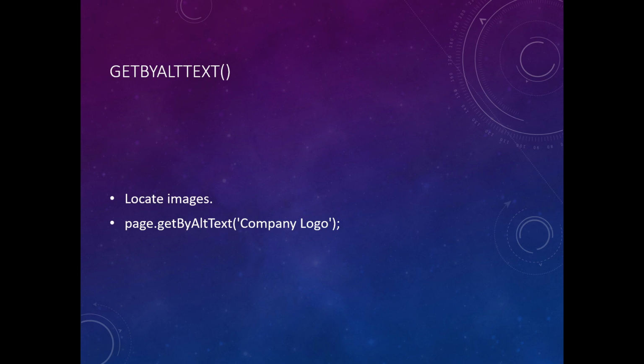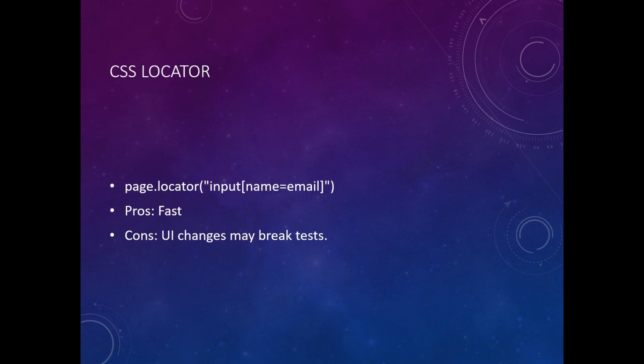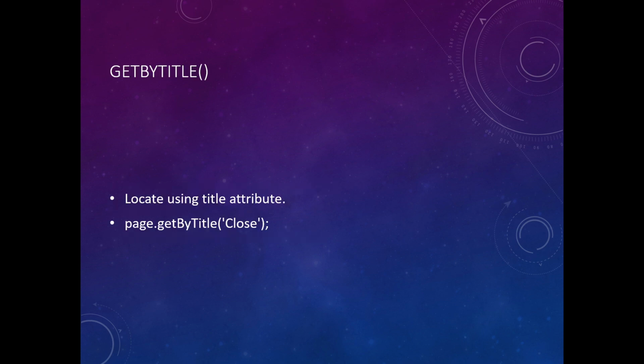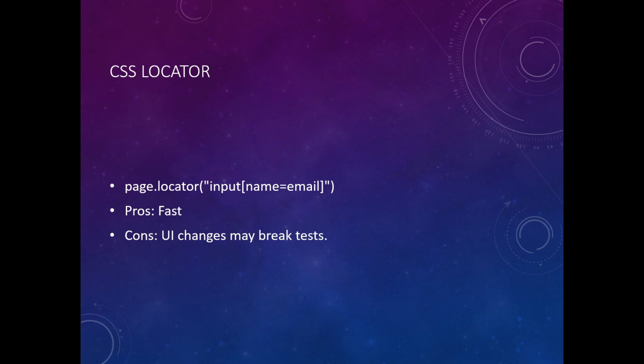Okay, and getByTitle locates using the title attribute. If having the title attribute, you can use getByTitle. Okay, and CSS locator you can also use by using page.locator. Okay, here we have the methods page.getByRole, title etc. Here we can use the CSS locator.